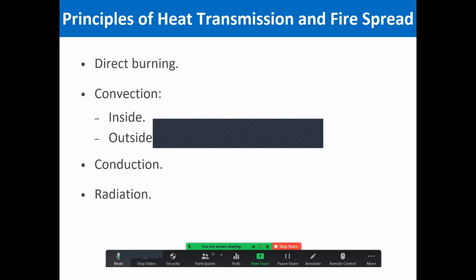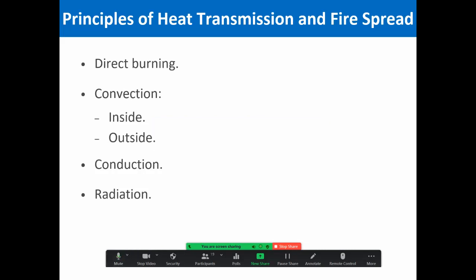Radiation is the transfer of heat without any medium at all. So spread of fire in solids is conduction. Spread of fire in liquids and gases, or fluids, is called convection, and the transfer of heat without any medium is called radiation. Direct burning could be a combination of all of these or a few of these.